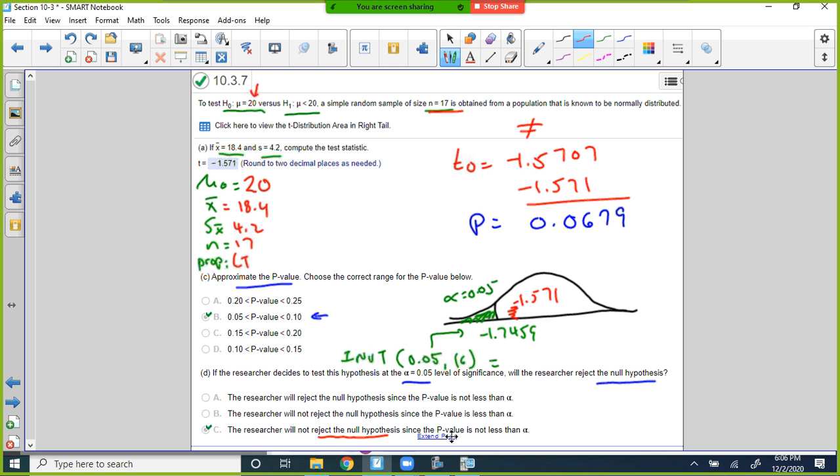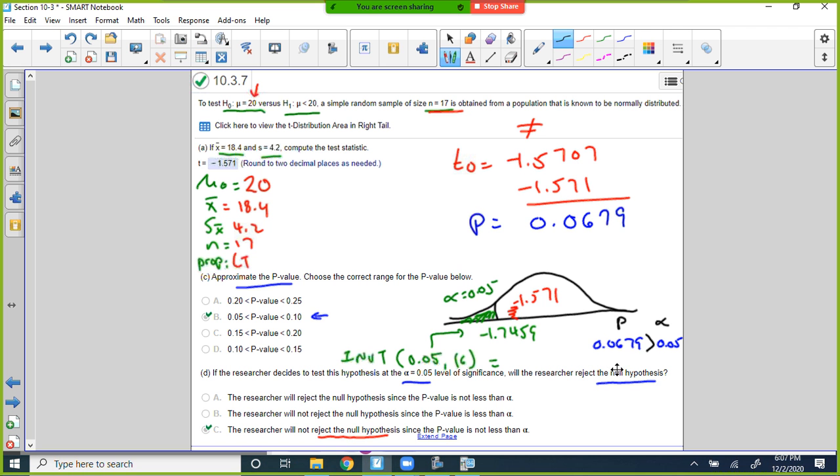Now, they're saying because the p-value's not less. Well, we did it with the t, right? So let's turn around and do it with the p. We got our p-value 0.0679, and then we got alpha of 0.05, right? So which one's bigger, the p-value or alpha?